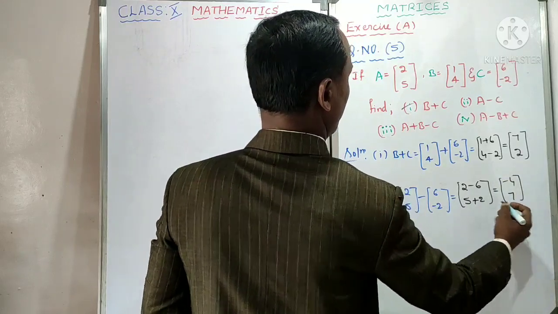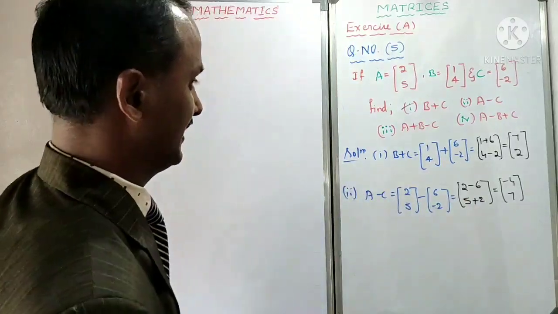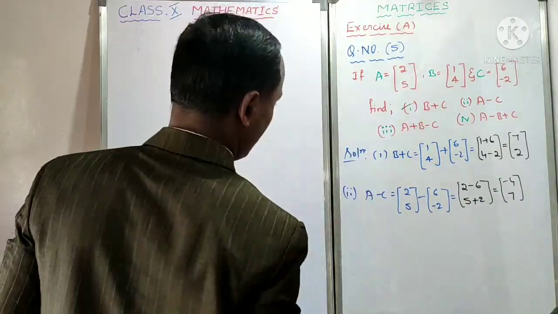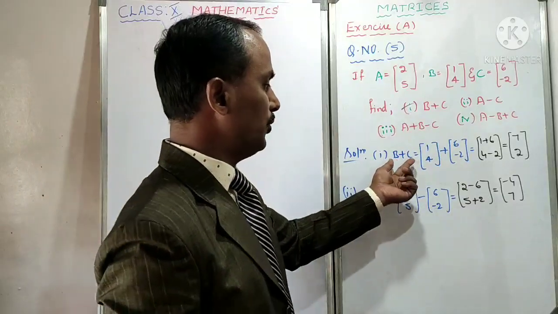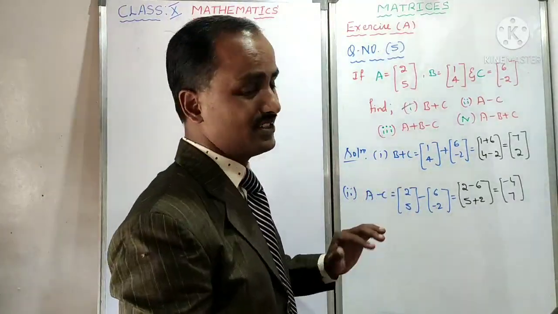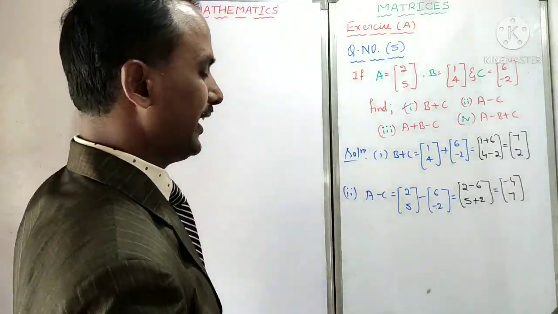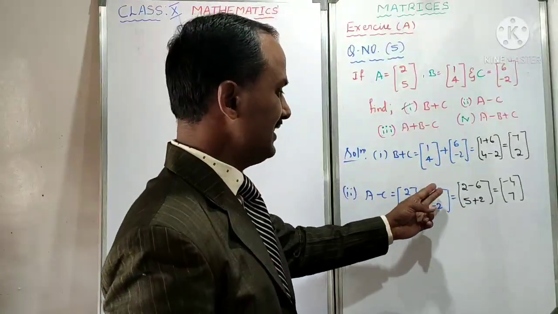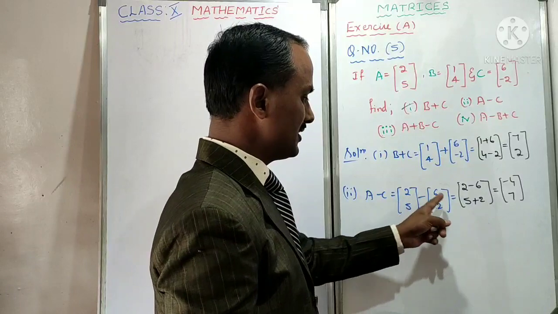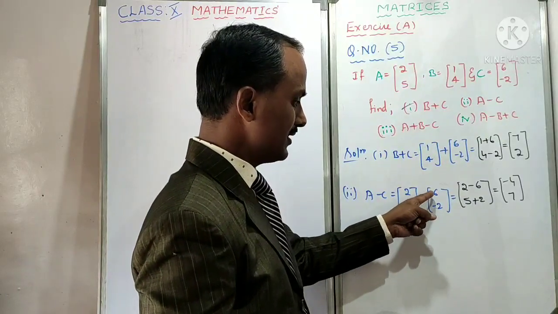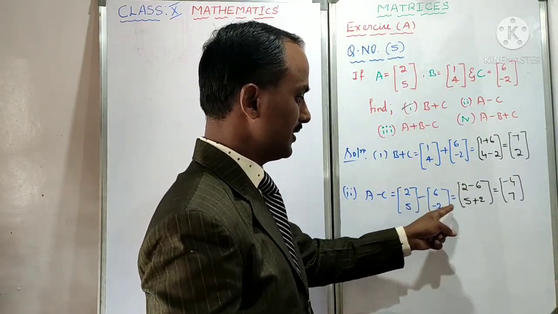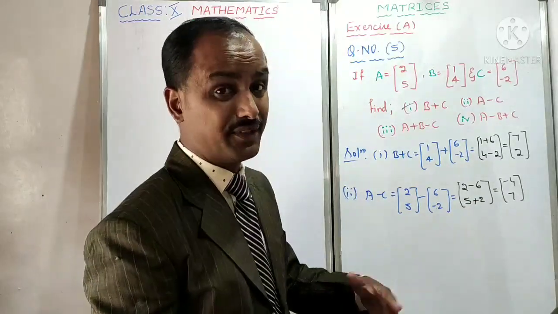This is the solution matrix of A minus C. Now, third one. This is addition of two matrices, subtraction of two matrices, not difficult, you will do it easily. I know that. Understanding? Okay. Now observe carefully. In this matrix element we are doing subtraction. Minus into plus became minus, minus into minus became plus. The sign changed.